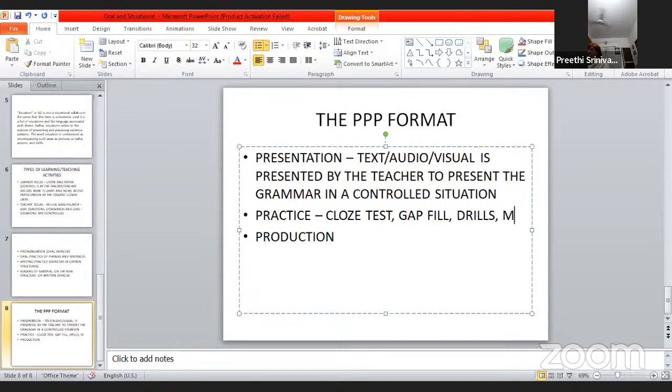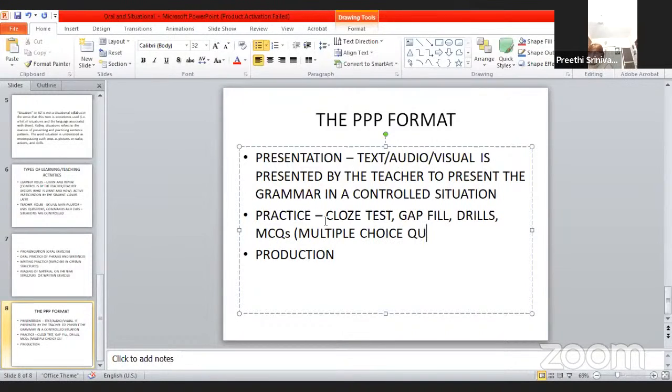Drills, MCQs, multiple choice. So this is the type of practice.